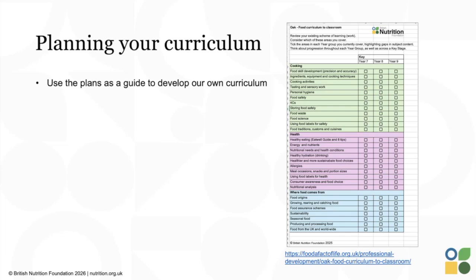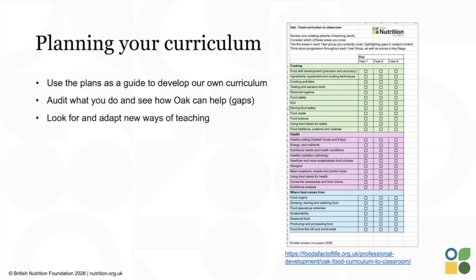So what do you want to teach? What's important for you in your school with the pupils that you have? You can do this as a very short audit, and you can see what you currently do and how OAK could potentially help to fill in the gaps. And therefore you can then look and adapt to new ways of teaching going forward. And you get some great recipe ideas and some top tips for your lesson too.